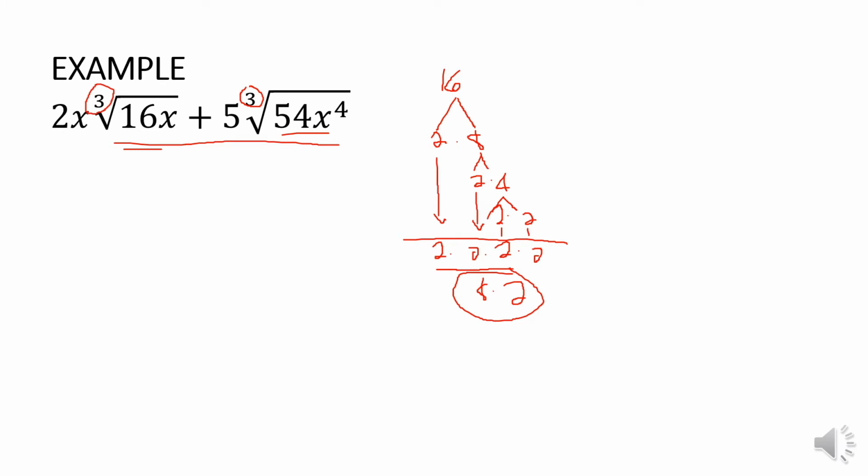We will do the same also with 54. So we will do prime factorization for 54. So 54 divided by 2 is 27, so that is 2 times 27.